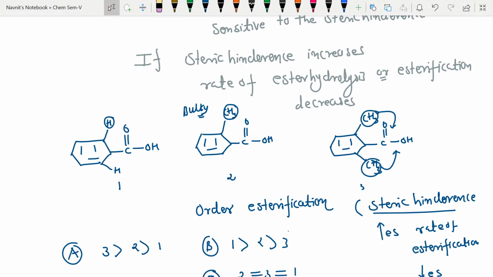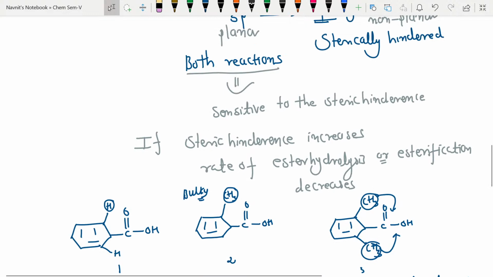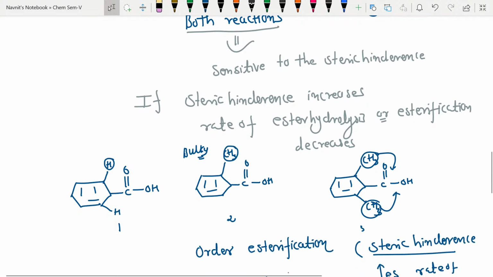As I said earlier, the second step is the rate determining step in which the tetrahedral intermediate is formed, and this tetrahedral intermediate is always sterically sensitive. So if I increase the bulky groups in the tetrahedral intermediate, of course, the rate of formation of the tetrahedral intermediate decreases. Hence, the rate of esterification or ester hydrolysis also decreases.